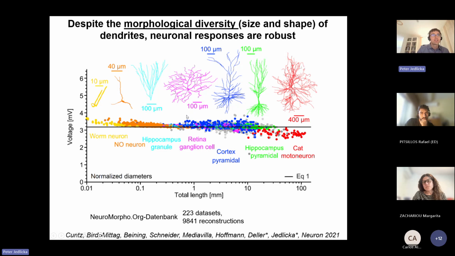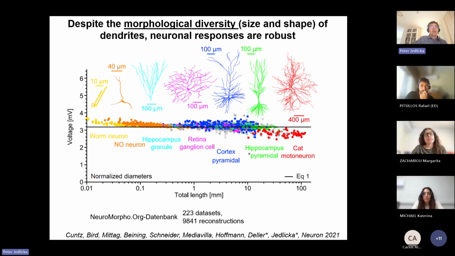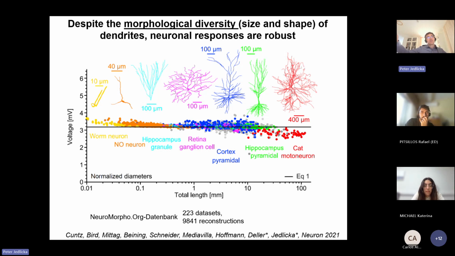But here in this figure, these are real morphologies downloaded from the NeuroMorpho database.